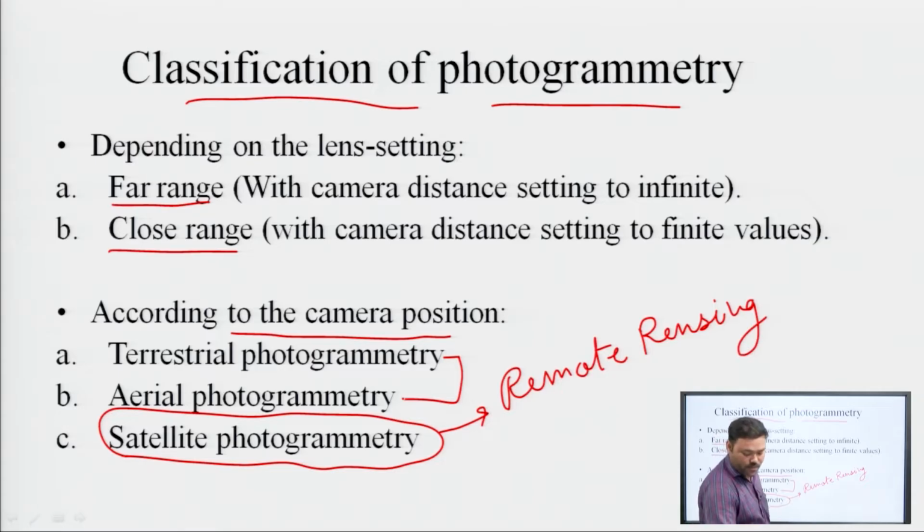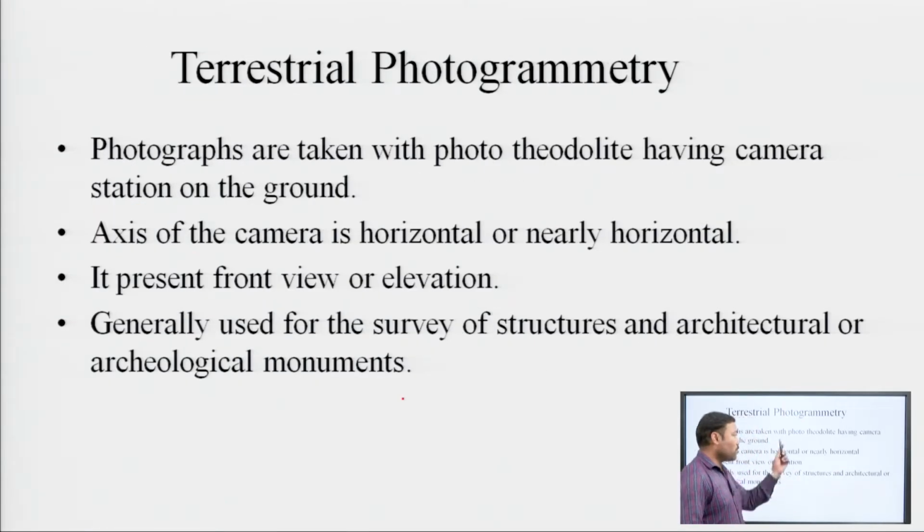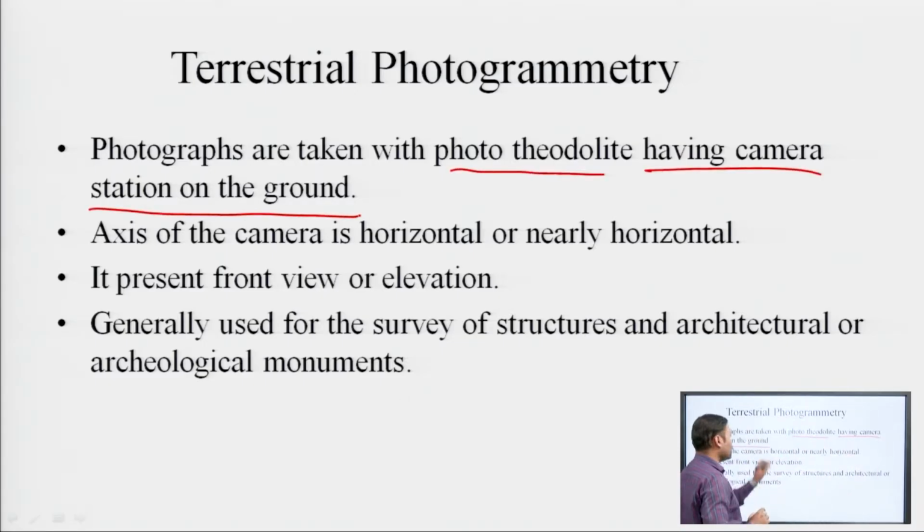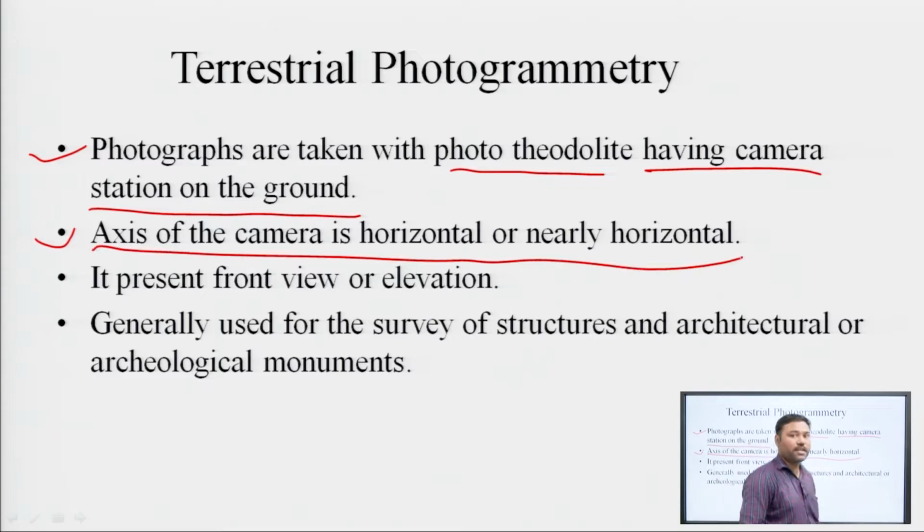Talking about terrestrial photogrammetry, photographs are taken with a phototheodolite having the camera station on a ground point. In this, the camera is on the ground. Second, the axis of the camera is horizontal or nearly horizontal.